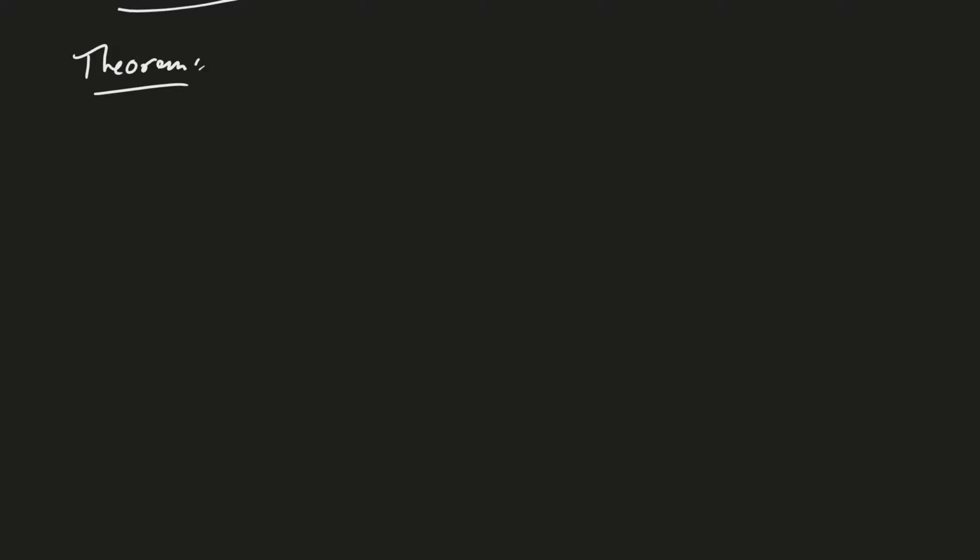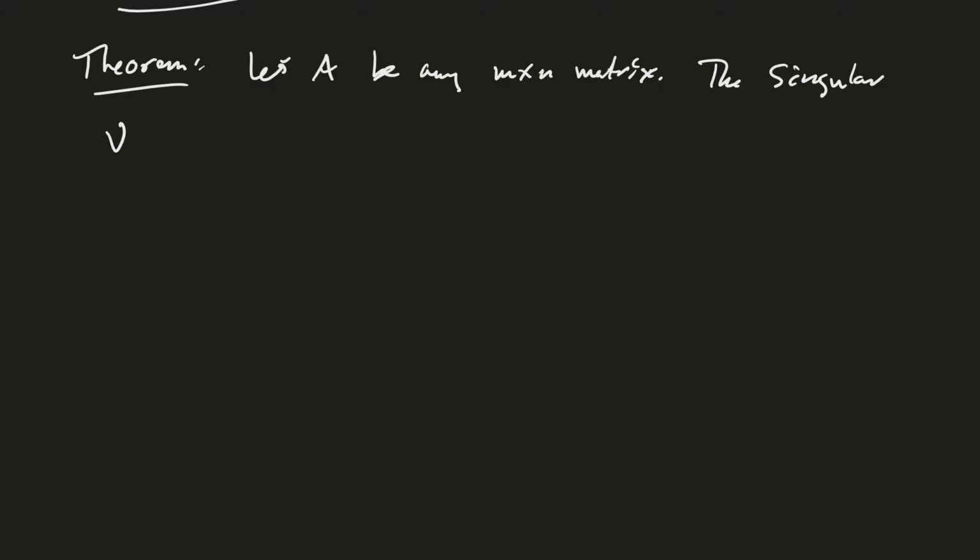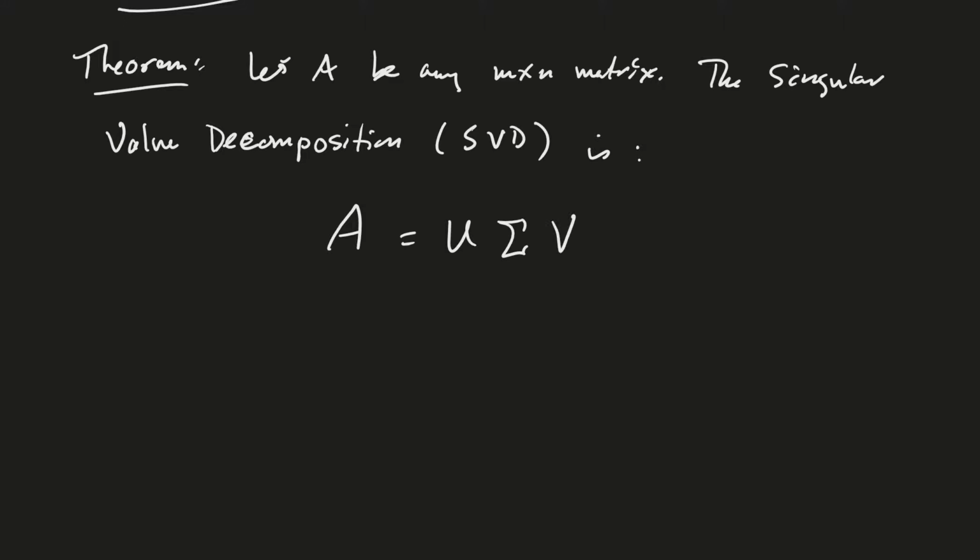Thus, let A be any m by n matrix. The singular value decomposition, or SVD, is a matrix factorization given by U sigma V transpose, where U is m by m and orthonormal, and guess what?